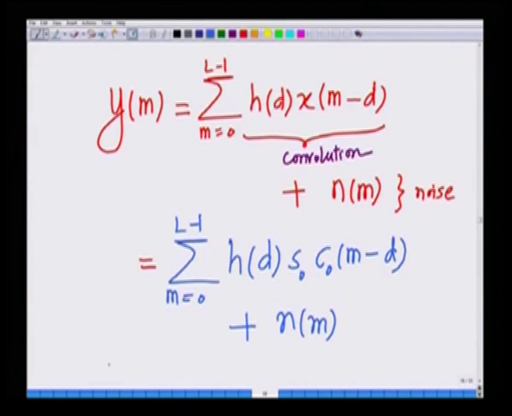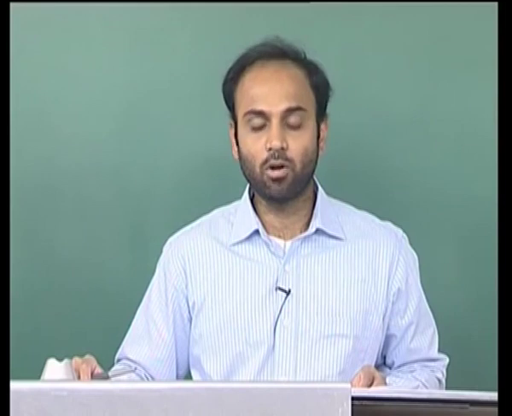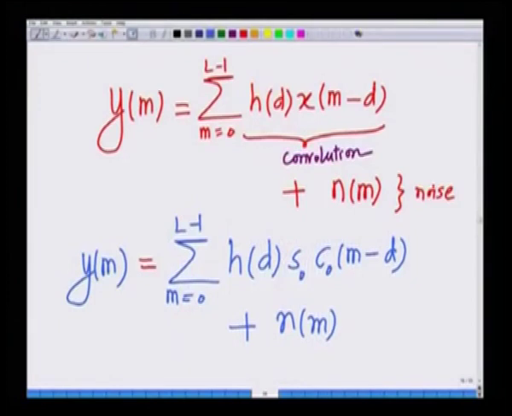Now look at this: because of the channel, the code is being delayed, because x of m minus d affects the code C0 of the user. This is nothing but my y of m. So, y of m, after passing through this frequency selective, multipath channel, is the sum over d equals 0 to L minus 1 of h of d S0 C0 of m minus d, plus n of m.